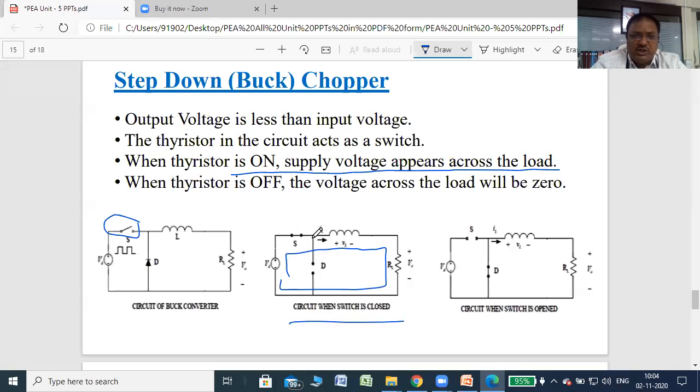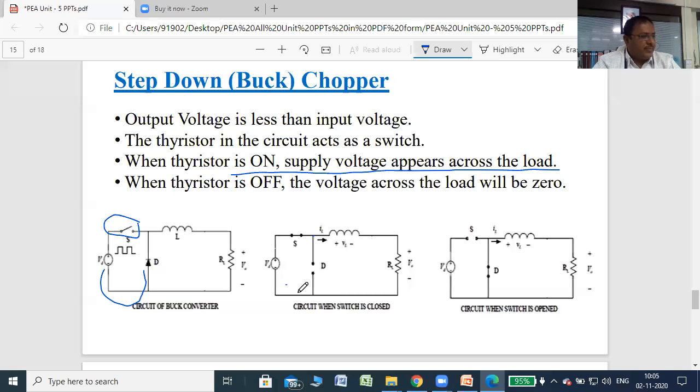Because the negative terminal of the battery is connected to the anode and the positive to the cathode. So the diode is in reverse bias, and when it is reverse biased, it shows infinite resistance. Infinite resistance means open circuit, right? So the diode is shown as an open circuit here.